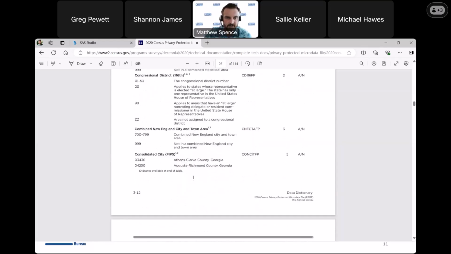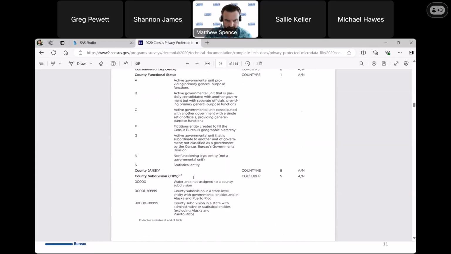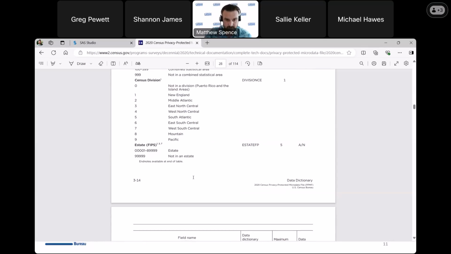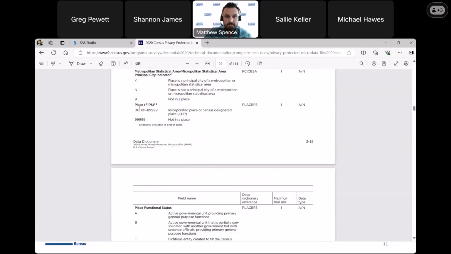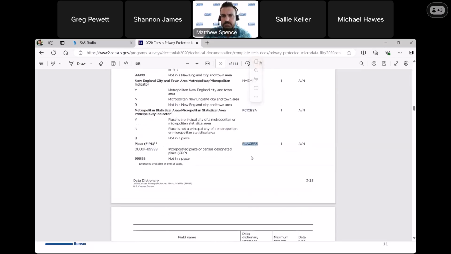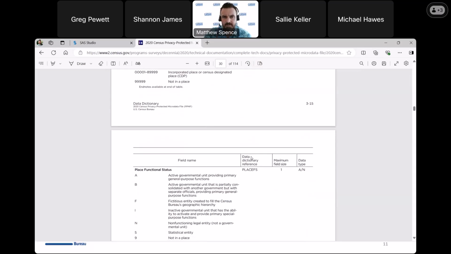Let's go down to place. So here's place. It's a 5-digit number, and place does not go across state lines. This is actually something that's kind of important.